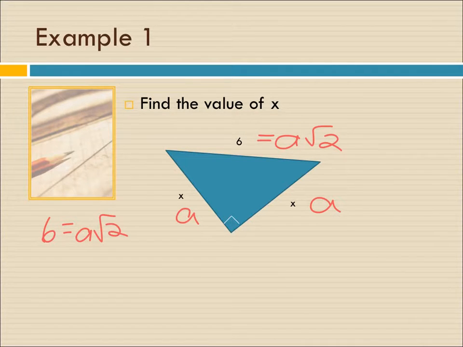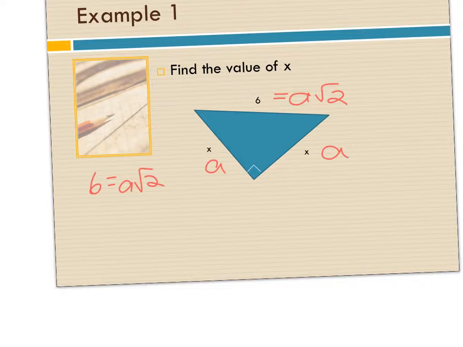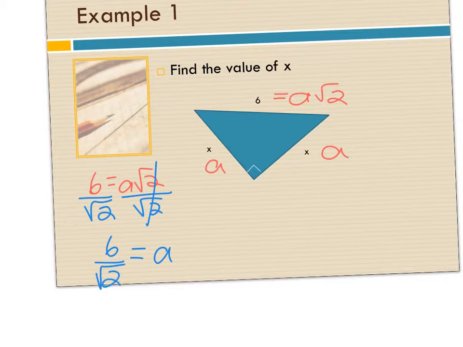How would you get the A by yourself? Divide by the root 2, right? We're just multiplying there. So I just want to get rid of it by doing the opposite, which would be dividing. So I'm going to divide both sides by root 2. These are going to cancel, and I get A equals 6 over root 2.